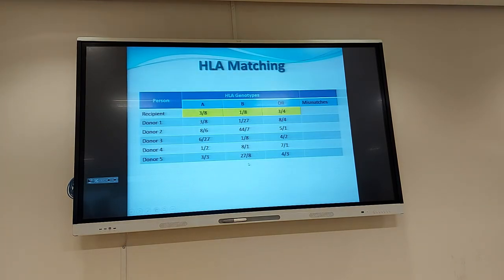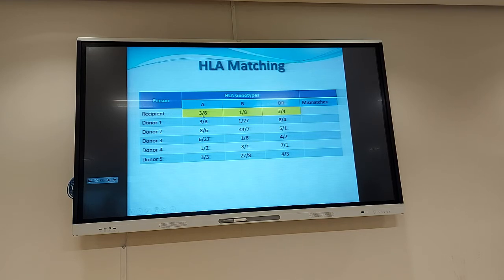So with genotyping, what you're essentially doing is looking for the least difference between the donor and the recipient. If you take this example here, we have 5 potential donors, and we are looking at HLA class 1 A, B, and class 2 DR. These two numbers denote the paternal and the maternal genotypes.